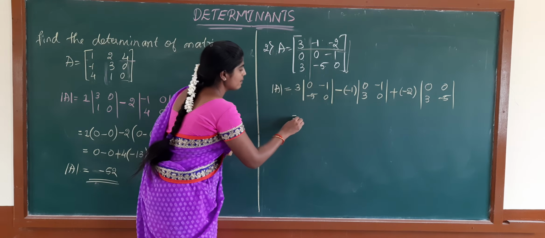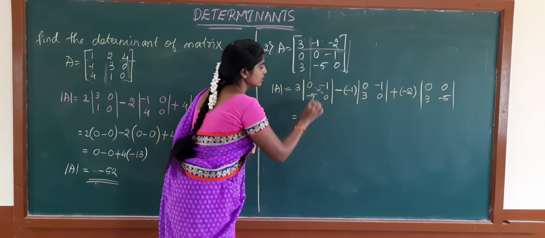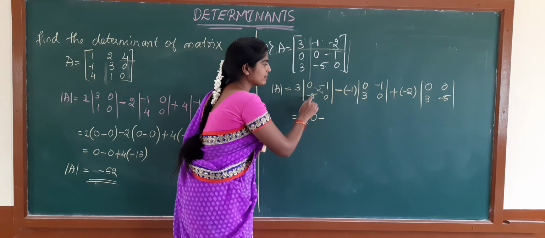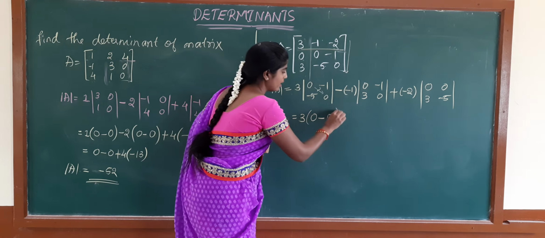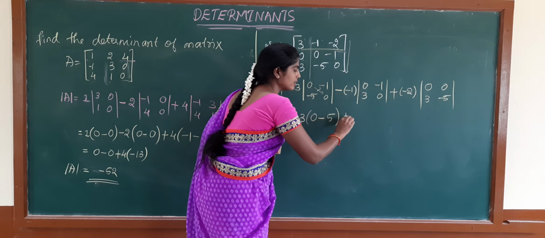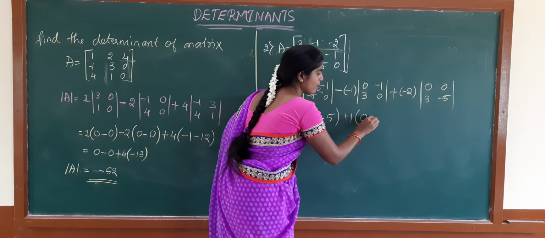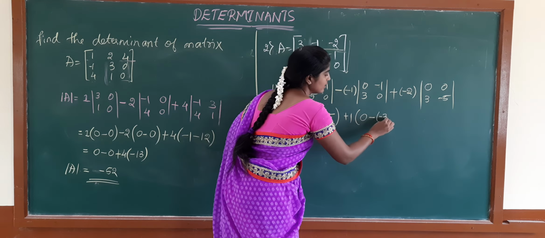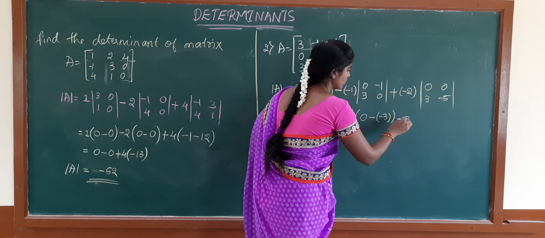So here -3 as it is. If we cross multiply, what happens? 0 into 0 is 0, -5 into -1 becomes +5. Next minus into minus is plus 1 into bracket, 0 into 0 is 0, minus 3 into -1, so it becomes -3. Next, plus into minus, minus 2.